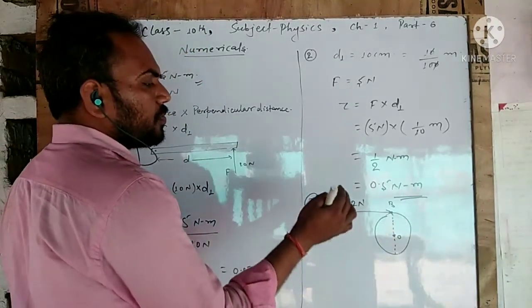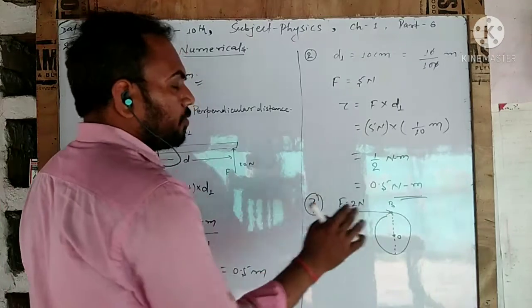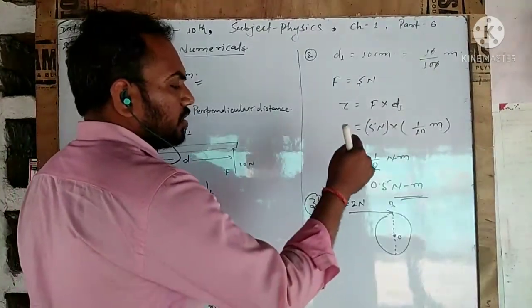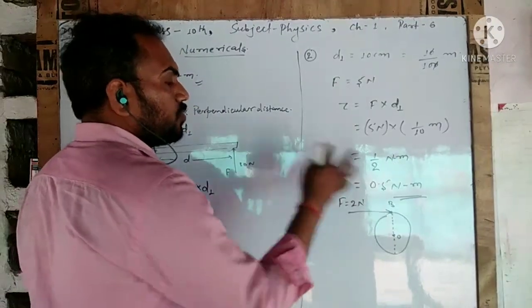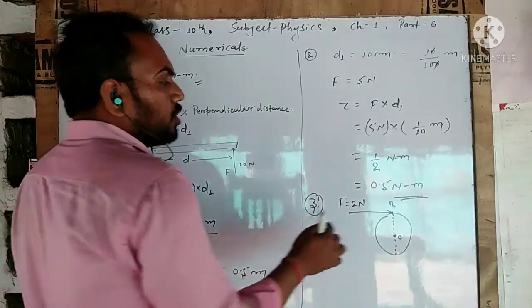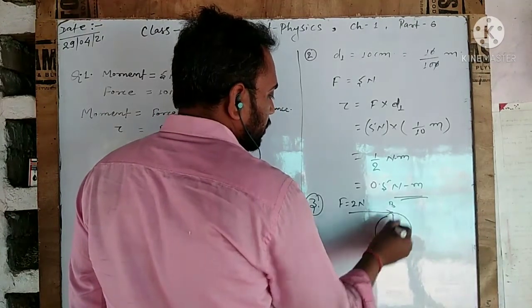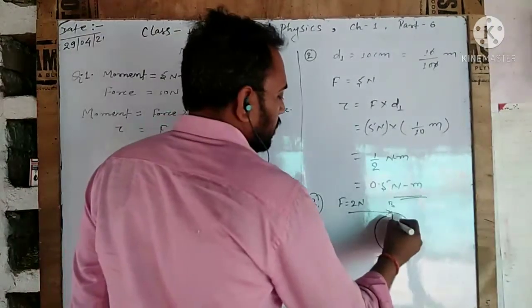Pivoted point means fixed point. O is the fixed point, where the rotation of this wheel takes place on the axis. So the distance between the fixed point and the force is the radius.